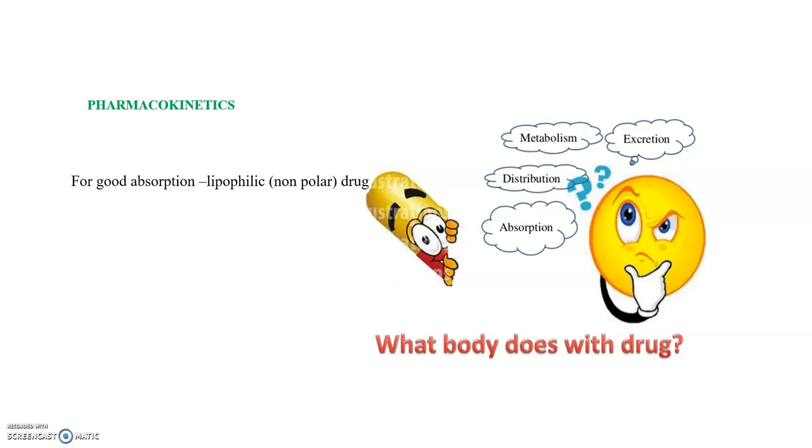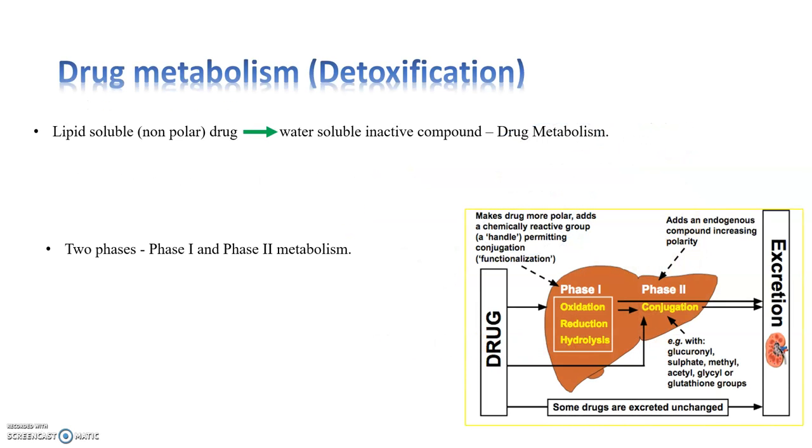For elimination, that is for removing it from our body, it has to be eliminated through urine. So what we require is that this lipid-natured non-polar drug has to be converted into a polar form, and that too it should be inactive, so that it can be eliminated through our urine.